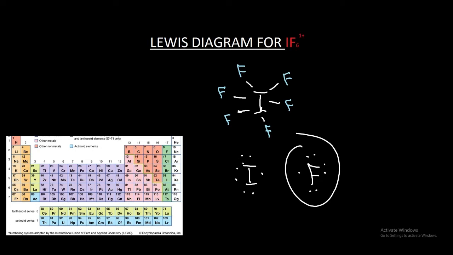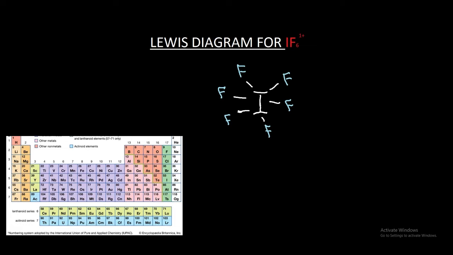Now we still need to refer back to our need-have method in order to find out how many electrons are left after we put all of these single bonds in place. In order to find out how many electrons we have left so that we can put them around our fluorine atoms, we need to find out how many electrons we had and subtract the amount of electrons that are being used within each of these single bonds.